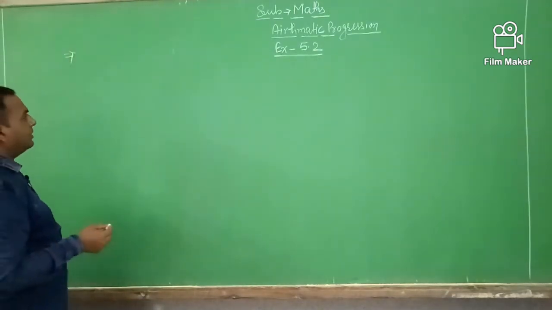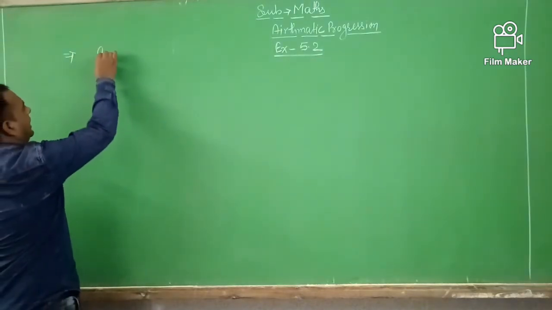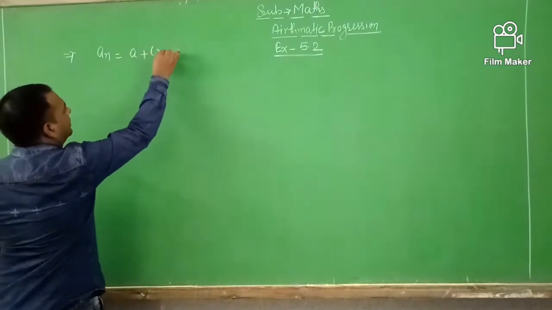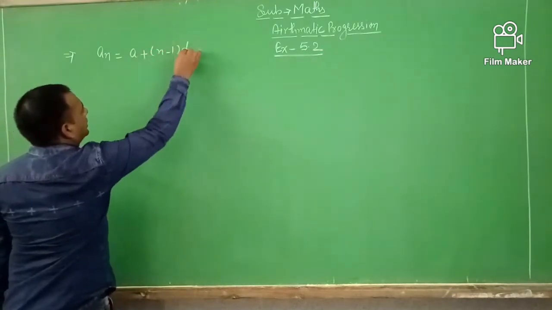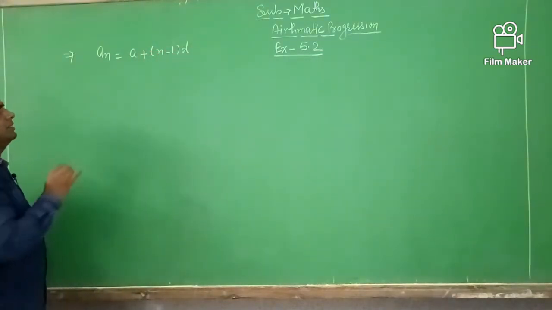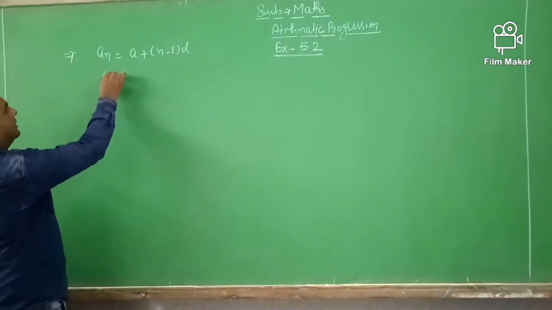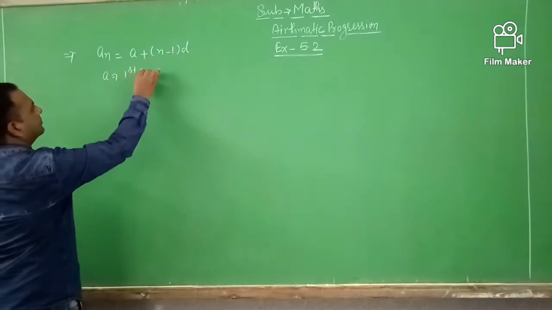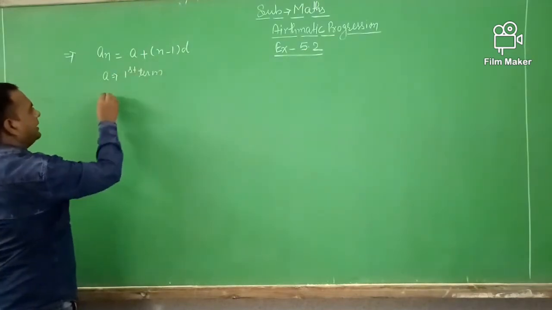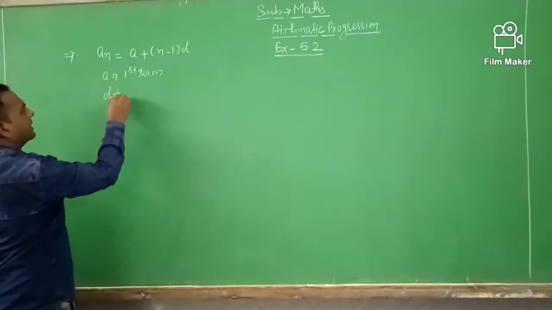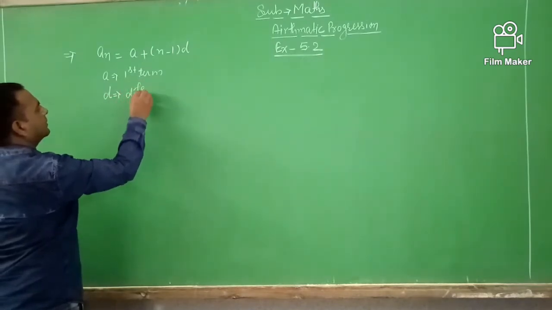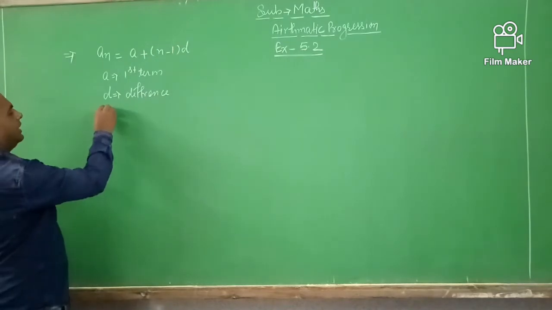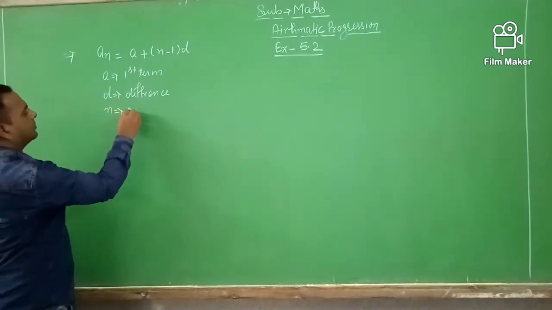To find the nth term, the formula is an is equal to a plus n minus 1 into d, where a is the first term, d is the difference between two terms, and n is the number of terms.